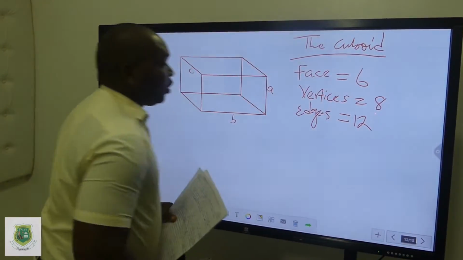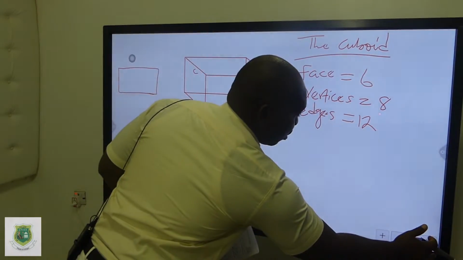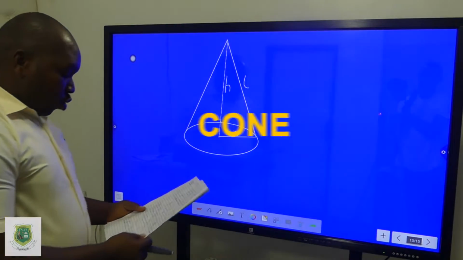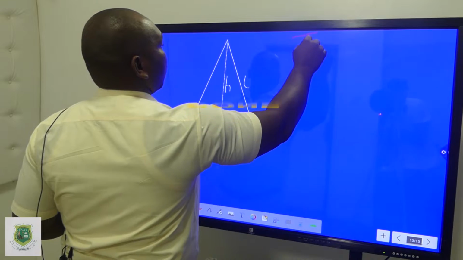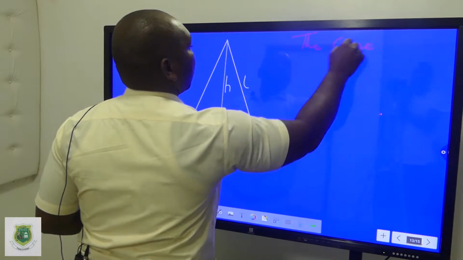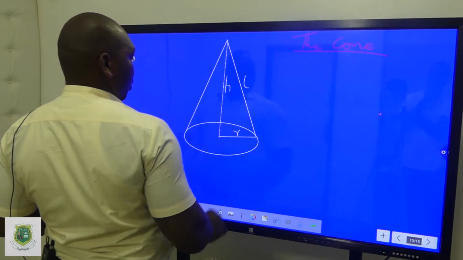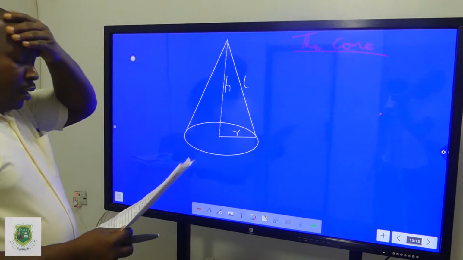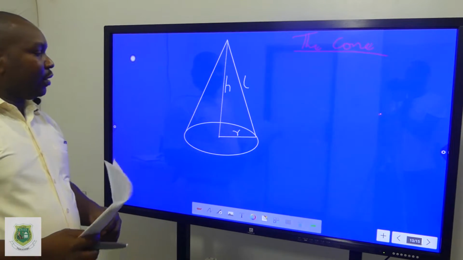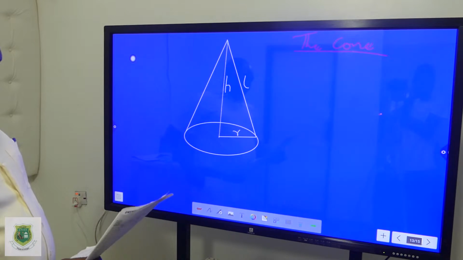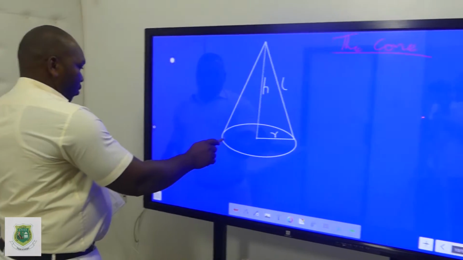Another example of solid shape we are going to look at is the cone. This is a solid shape with flat face. Where are you seeing the flat face? The circle.